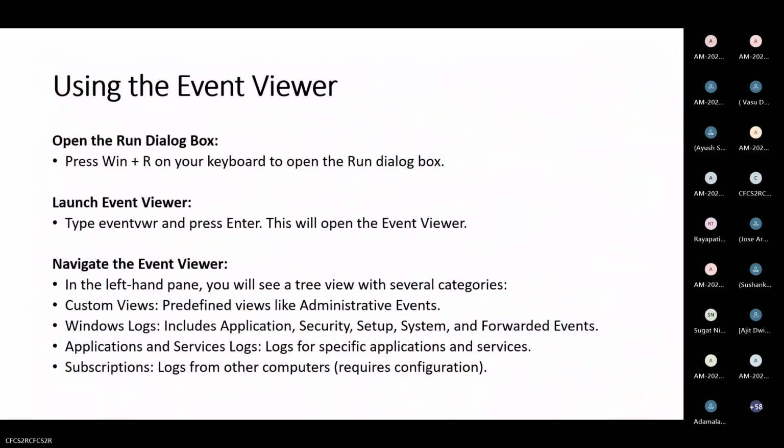Okay, so how to use the event viewer? You can press the Windows button plus R on your keyboard, type EVENT and press enter, and you can access it. Let me start with this.